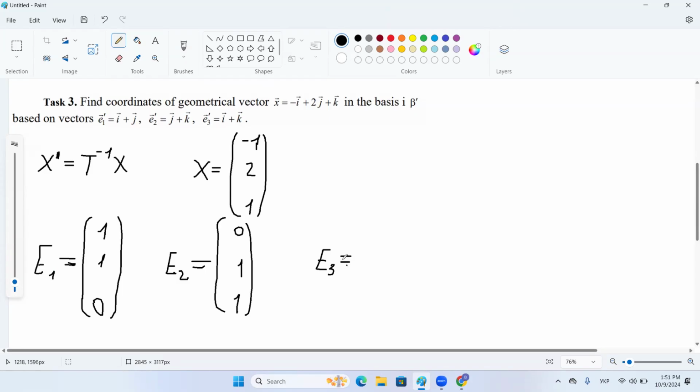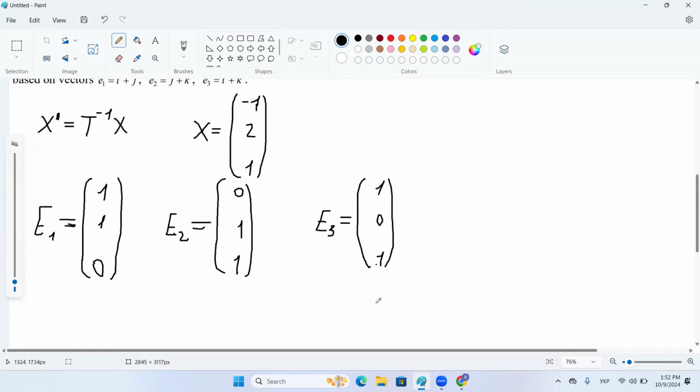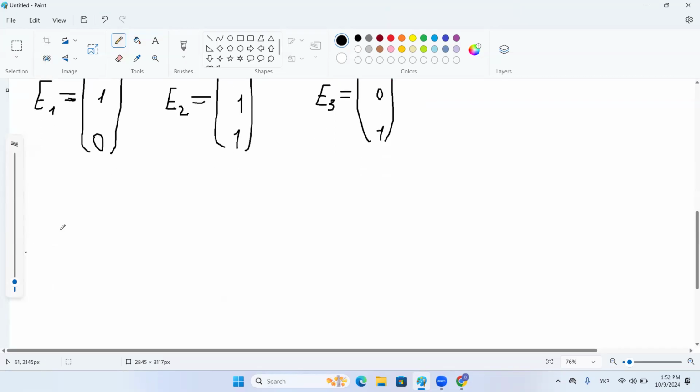E3: 1, 0, 1. So let's double check it. Yes, x is -1, 2, 1. E1 is 1, 1, 0, correct. E2 correct as well, and E3 as well. Okay, and now let's build our transition matrix.